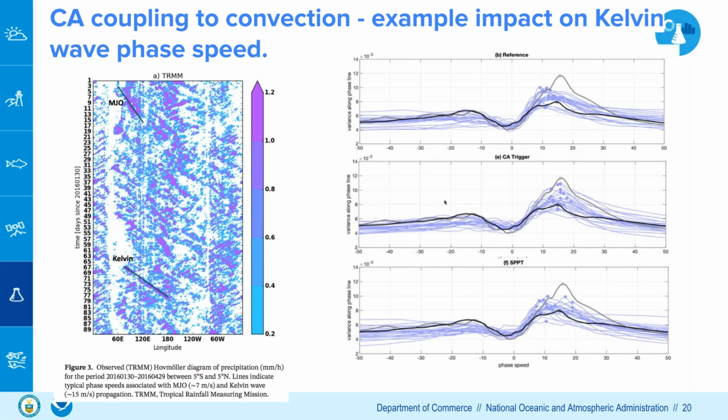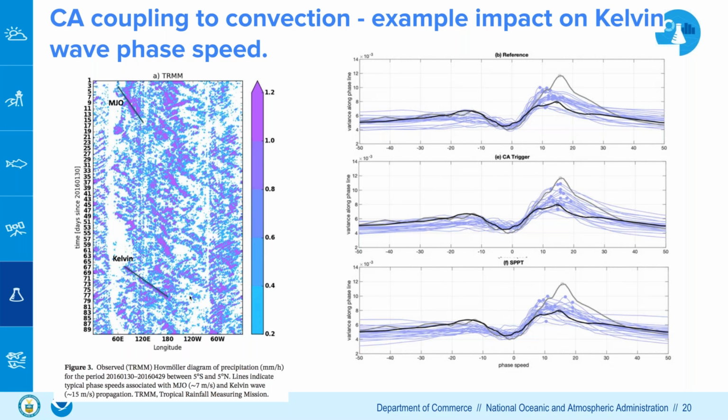So we look at the impact on, I guess, convectively coupled equatorial waves. This is a Hovmöller diagram which shows some space-time organization on various scales. You have sort of MJO phase speeds early on, and you have a lot of Kelvin wave activity later on.